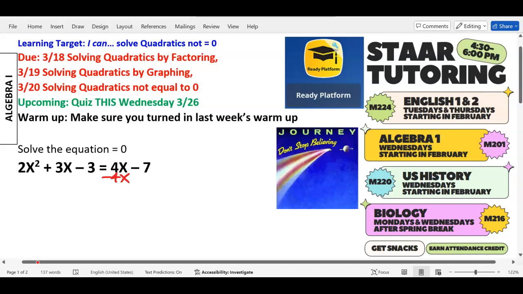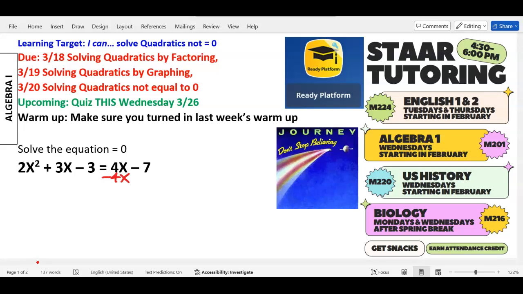And at the same time, to get rid of a minus 7, the opposite is plus 7. So minus 4x and plus 7 has to be on both sides. Okay. Cancels out. Cancels out. Now the right side is now equal to 0.